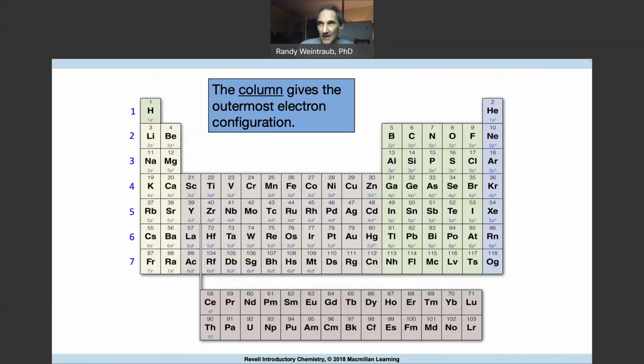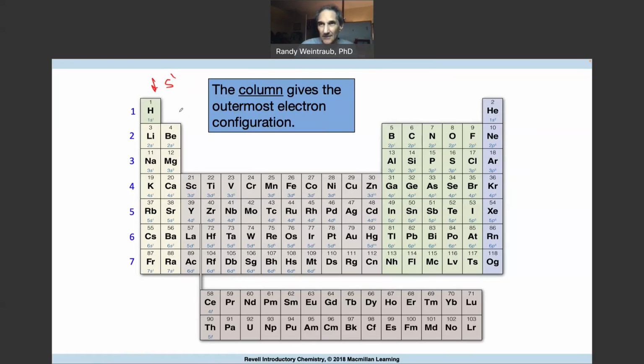The columns or groups running vertically on the periodic table correspond to the outermost sublevel electronic configuration. Every atom in the first column, the first group, has one valence electron, an s1 in its electron configuration.